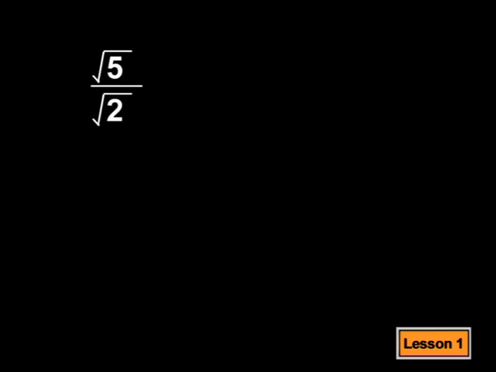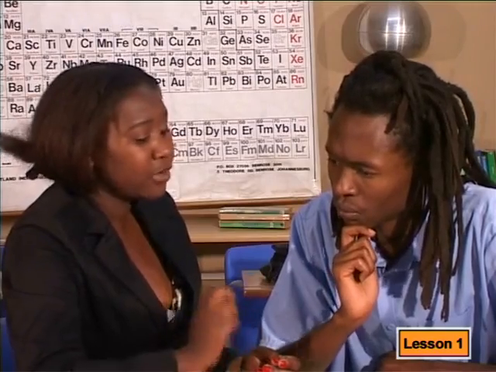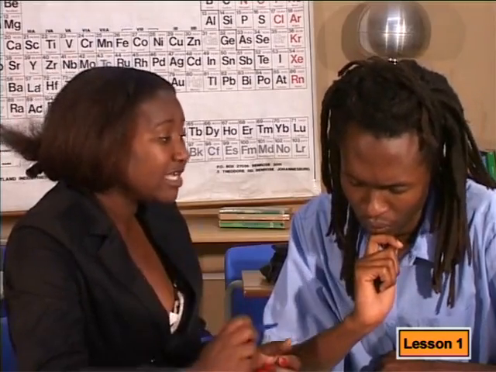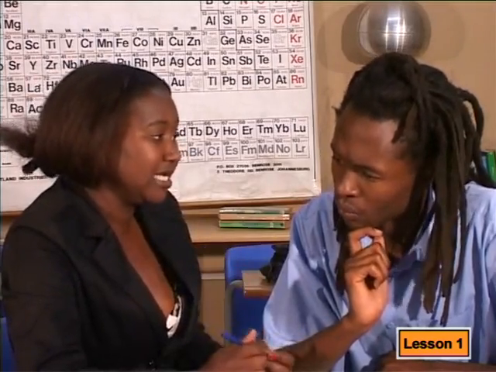Okay. Here, let me show you. In this example, we have root 2 in the denominator. I want to change this root 2 into a rational number, but I don't want to change the numerical value of the fraction. In other words, I need to somehow convert this fraction into an equivalent fraction with a rational denominator.